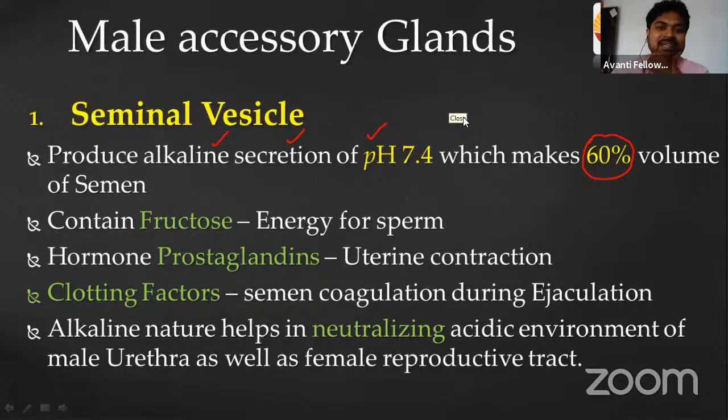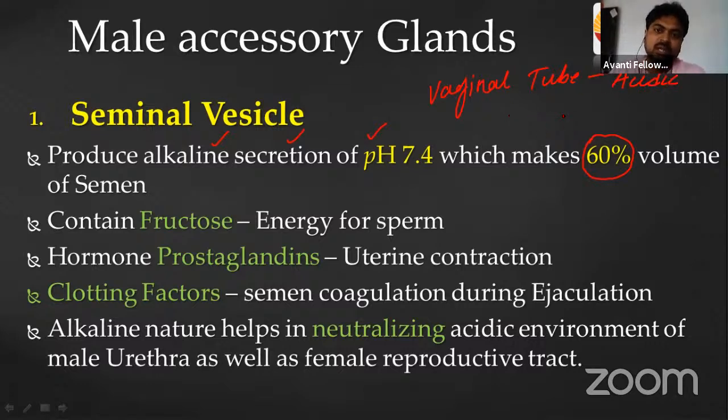ठीक है, actually guys, if we talk about the vaginal way, where copulation happens, that vaginal tube or vaginal way is acidic in nature. Okay, then why the vaginal tube?